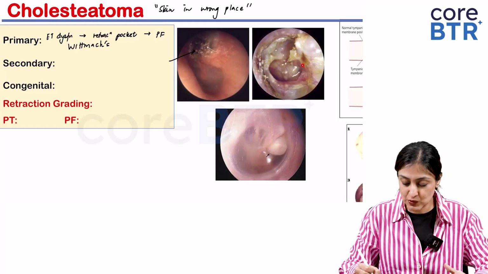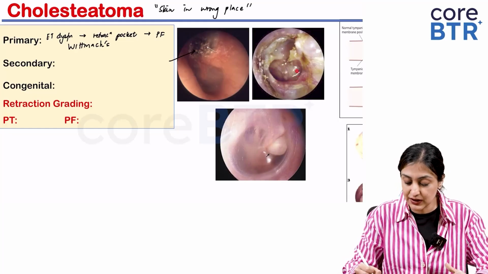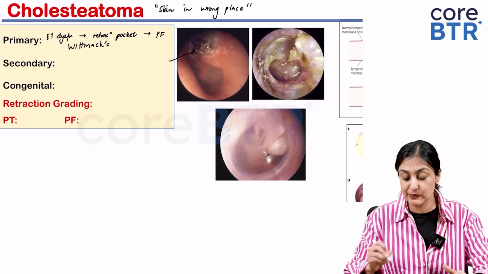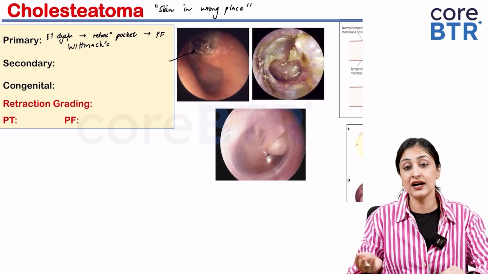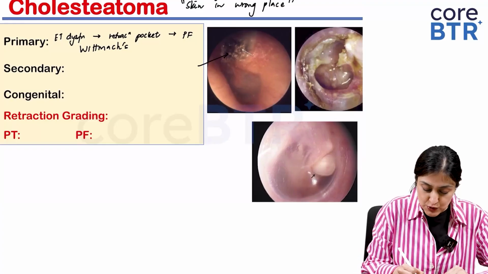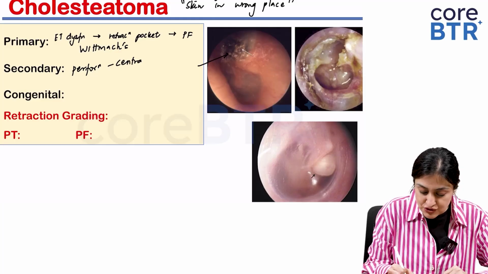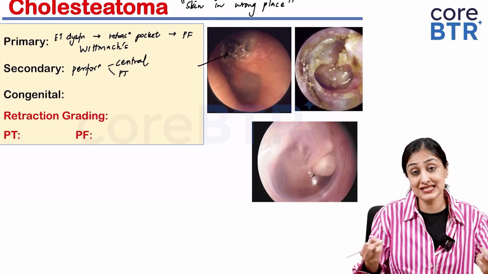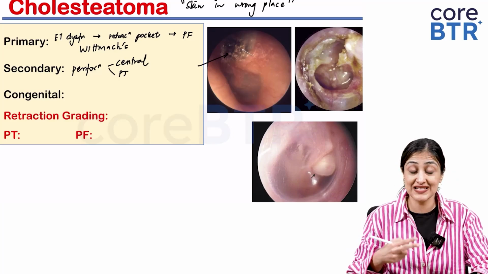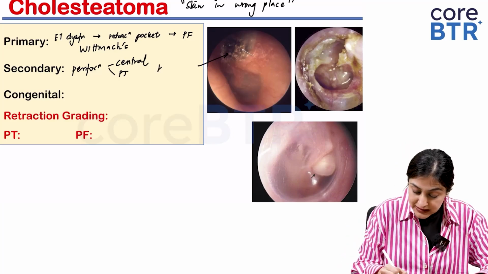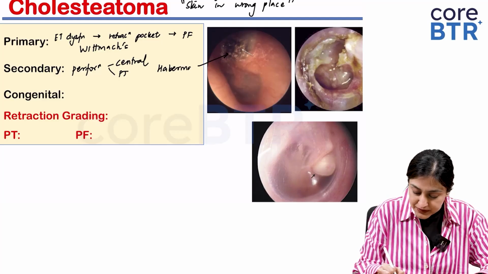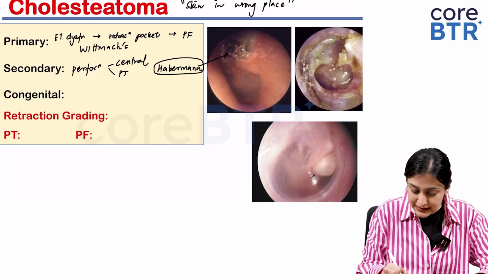So can you see in this image how there is a big central perforation in the pars tensa, through which the disease will enter. And this theory is Habermann's theory. Okay, so Habermann, Whitmack.